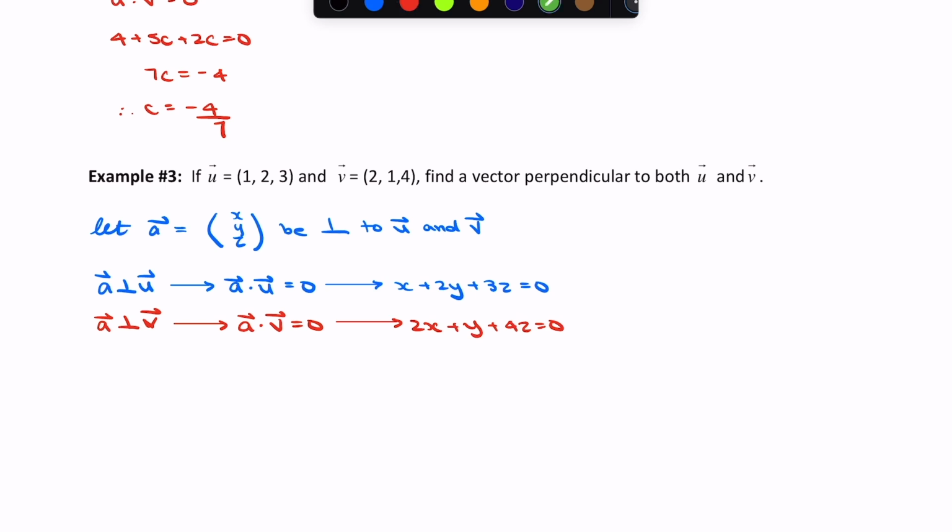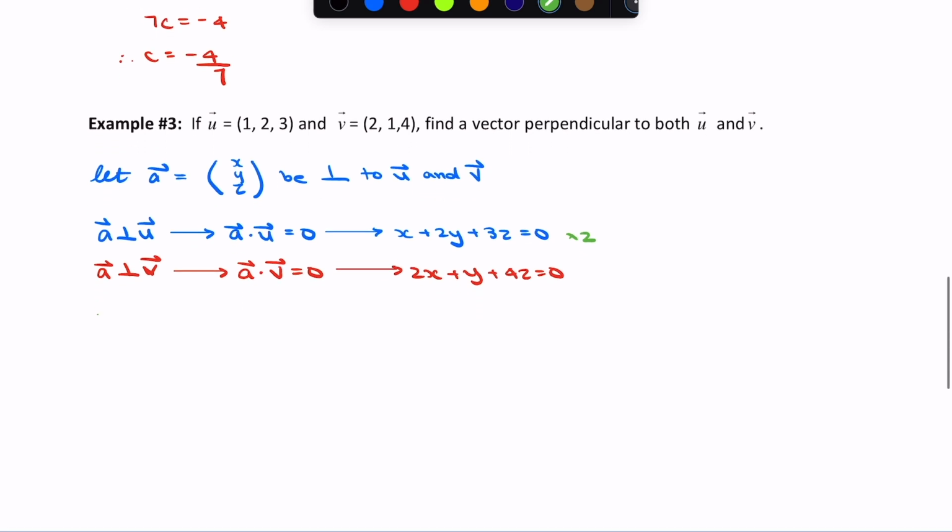What we'll do here is we'll multiply the first equation by 2. So here we have a system of equations. We have 2x plus 4y plus 6z is equal to 0. And we have 2x plus y plus 4z is equal to 0.